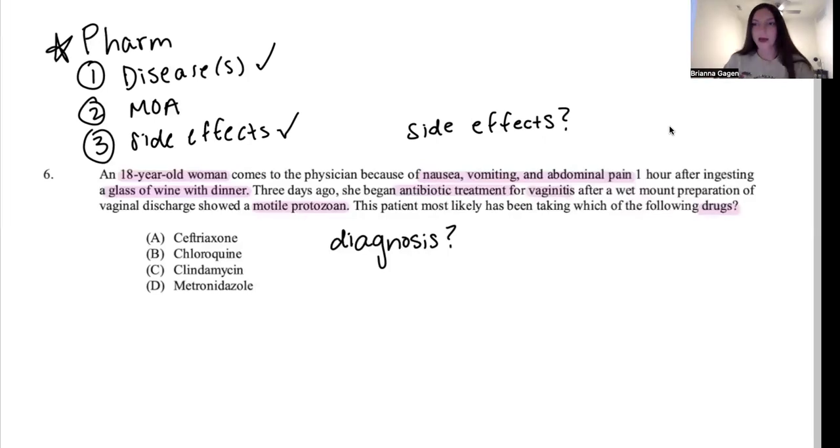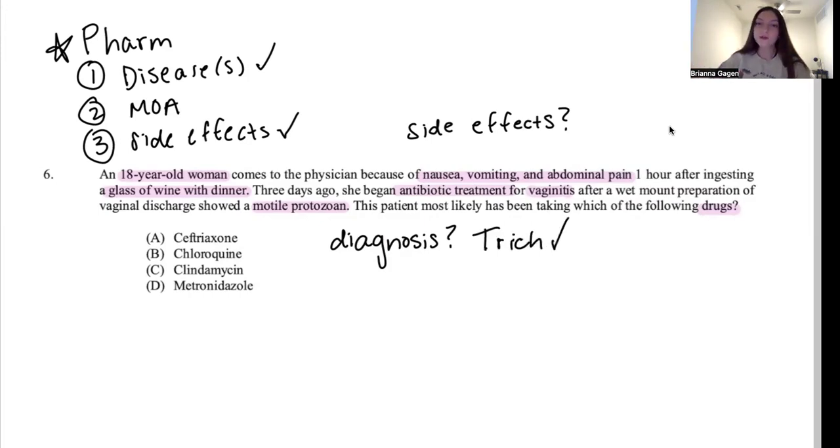So the main causes of vaginitis are Candida, bacterial vaginosis, and trichomoniasis. Candida would show hyphae, kind of that yeasty branching hyphae. BV would show clue cells. That does not say here. And Trich would show a motile protozoan. So I know that the diagnosis is Trich.